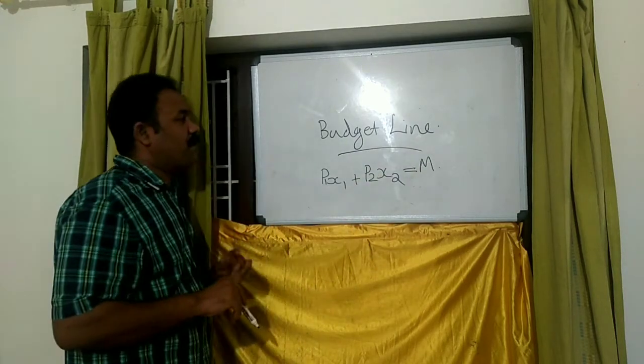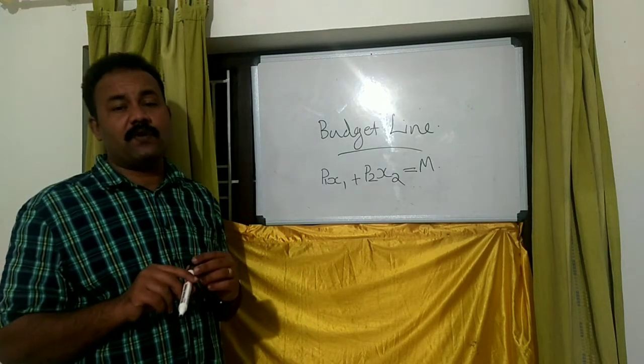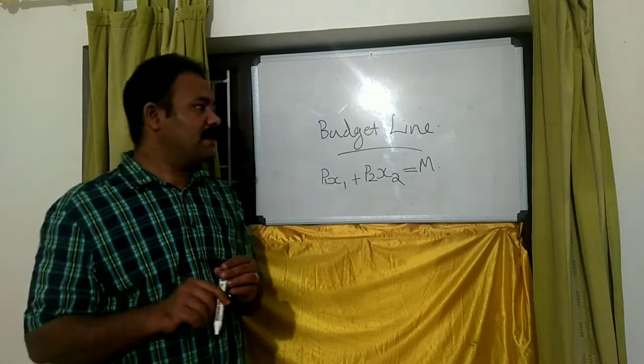Then the equation for budget line is P1 X1 plus P2 X2 is equal to M.